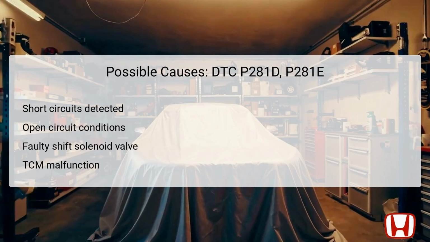A faulty shift solenoid valve could also trigger these codes, as it may not operate as directed due to internal failure. Lastly, if the TCM itself is malfunctioning, it may inaccurately interpret information, therefore leading to the activation of these DTCs. Thorough inspection and diagnostic checks are crucial to pinpointing the exact cause.